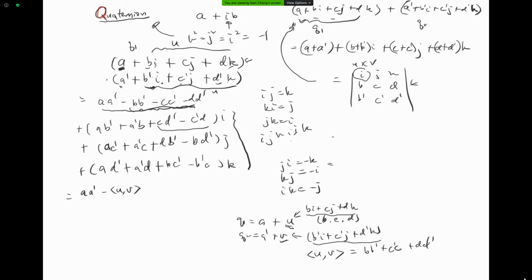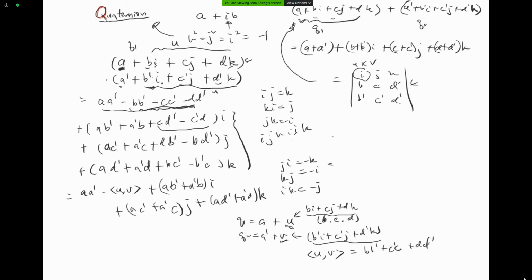So therefore, this part here I also have a b pi plus a pi b i, plus a c pi plus a pi c j, plus a d pi plus a pi d k.